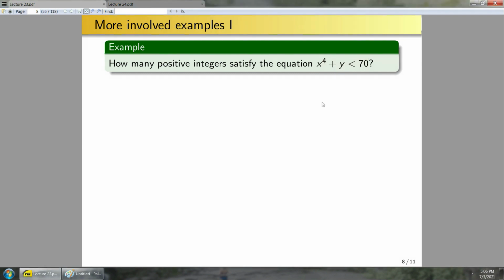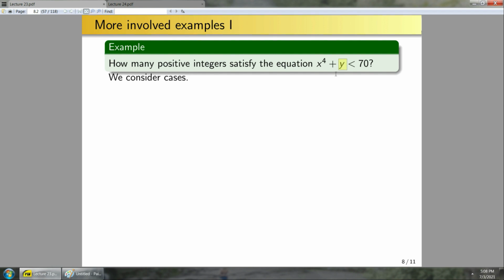So here, this is a good example where case analysis is nice. So what am I going to do case analysis on? Well, I have two options. I have x and I have y. Before we blindly jump in and start doing case analysis on one of them, let's think through it a little bit. If I do case analysis on y, I need to check all the possible values of y from 0 all the way up to 69.